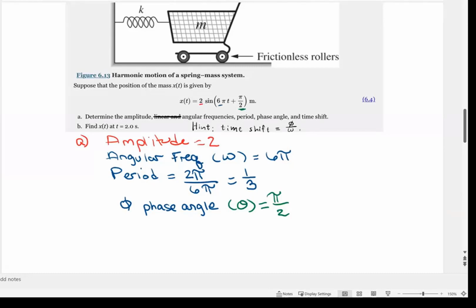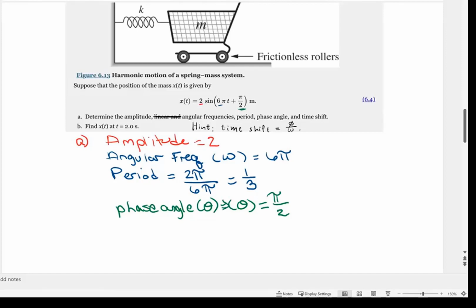This was all supposed to be in green. Actually, let me just change it to green. So our phase angle is theta, which equals pi over 2.